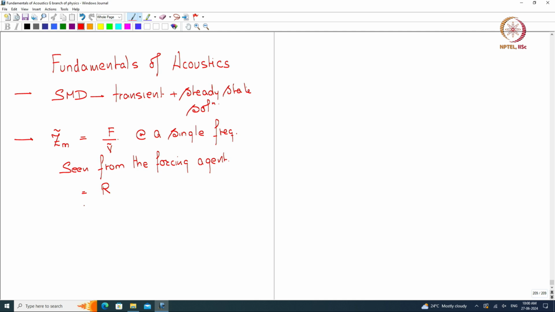It has a real part called resistance and an imaginary part called the reactance, and the reactance, when you set to 0, gives you a condition for resonances. Okay. This was a lumped system.